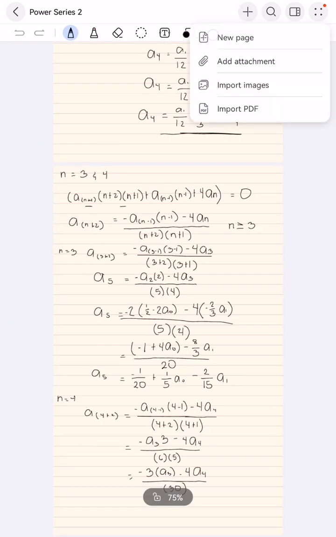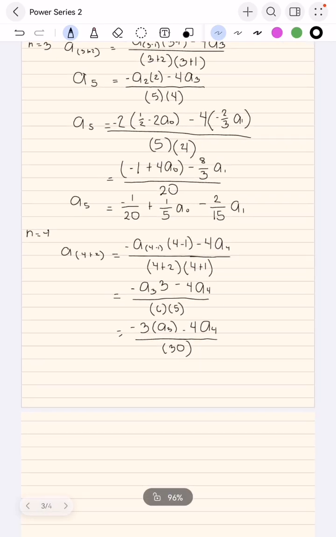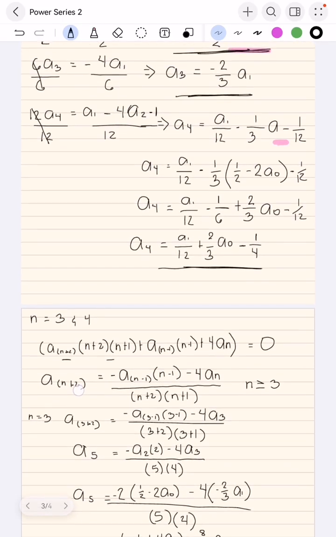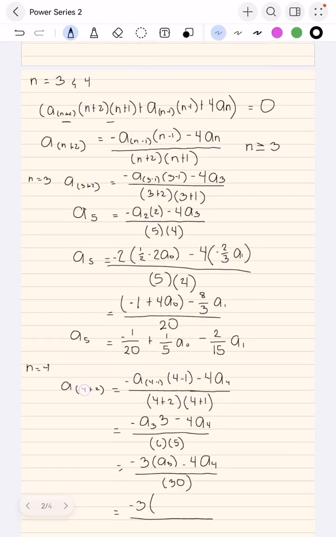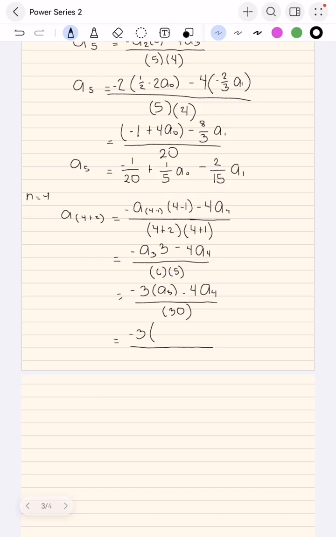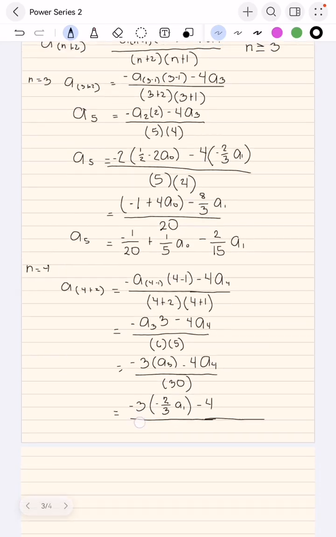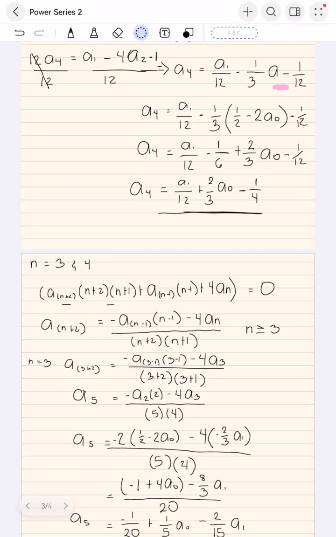Now let's find, wait a minute. So negative 3 times is negative 1/3. I mean 2/3 A1 minus 4. The A4 is very long. Now, let me copy this one.